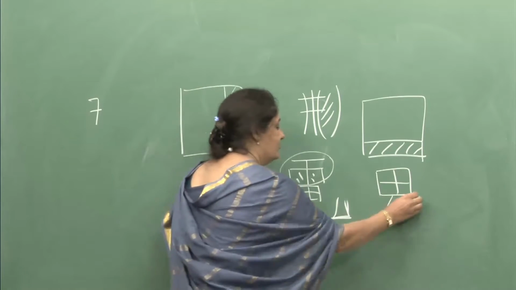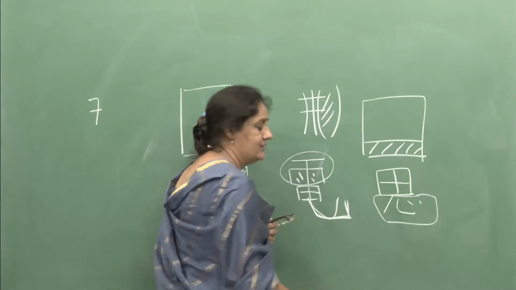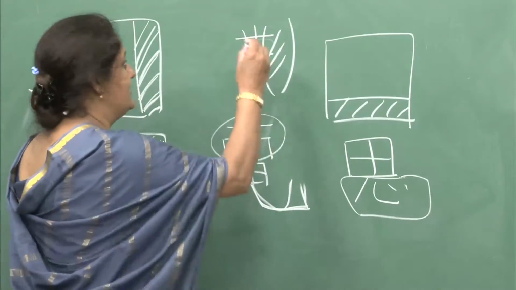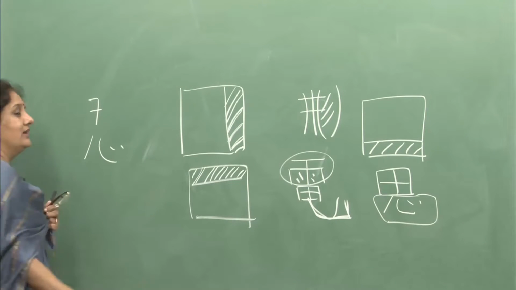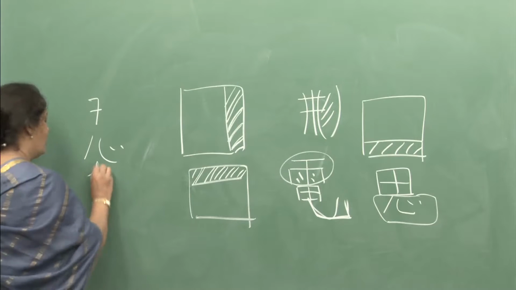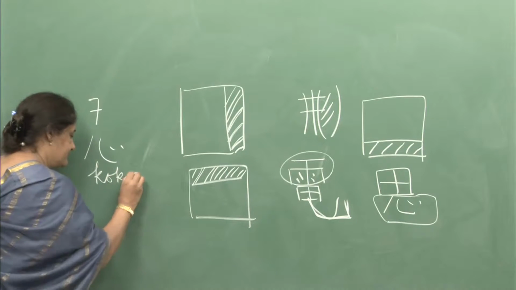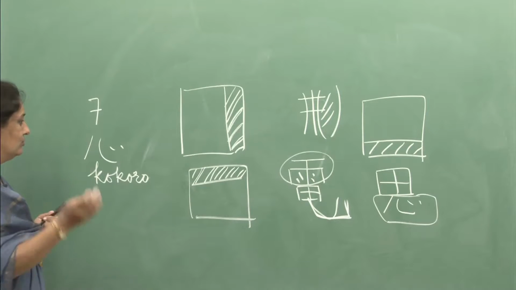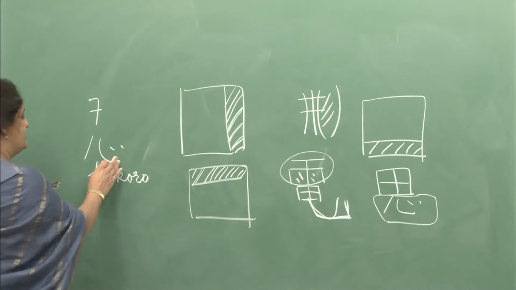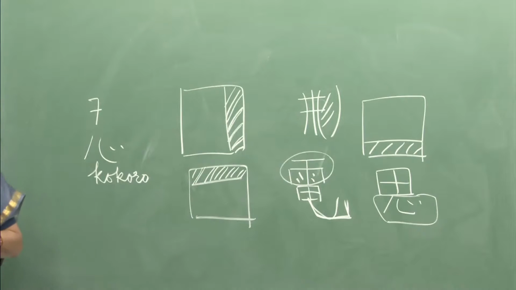This is over here like this, and incidentally this, though we have not done, you know the word, this is kokoro, meaning heart, kokoro. Okay? This is a simple one, so you can just remember it like that.